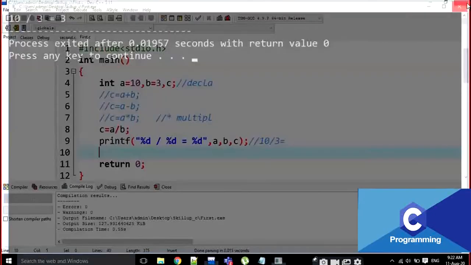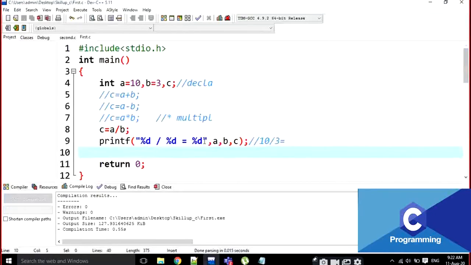For example, I am going to delete all these things and maintain only C, only the result, for clarity. Can anyone guess now what the output is here?